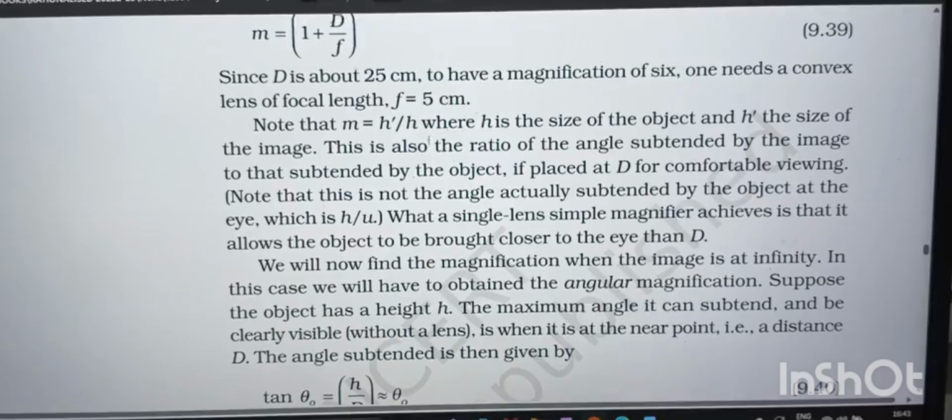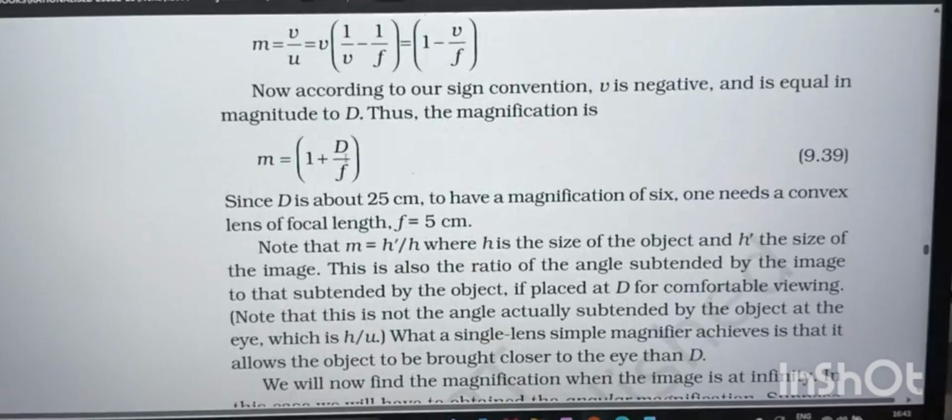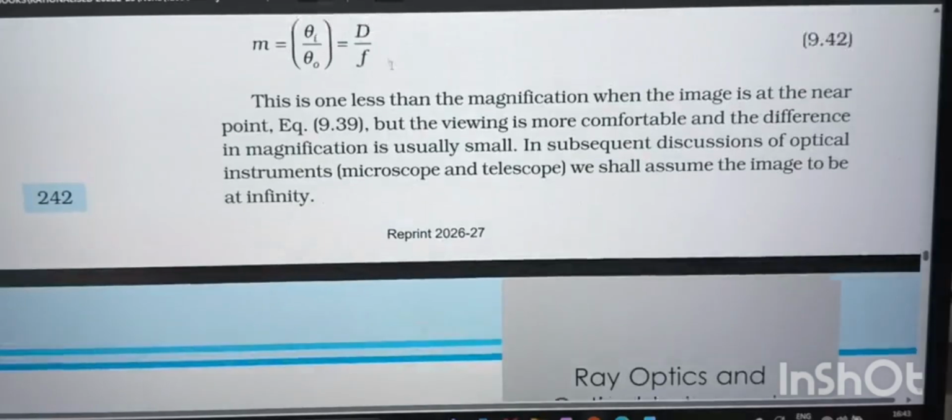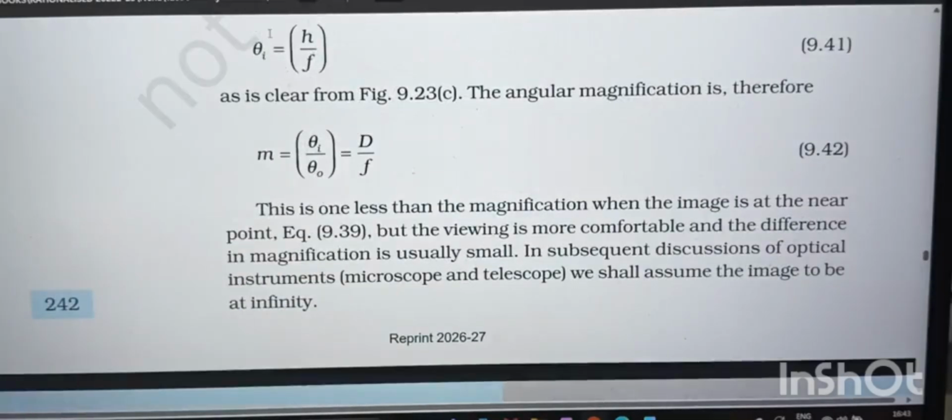Now if you compare, when it is at the least distance of distinct vision, the magnification was 1 plus d by f. But for infinity, the angular magnification is d upon f. That means 1 extra is there for the 25 centimeter case. So there the magnification will be more, but it is not very comfortable for viewing, because at infinity only it is really comfortable.